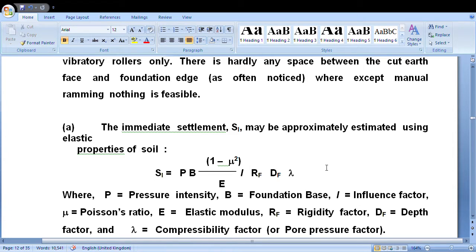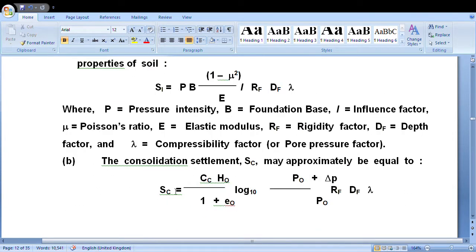Here, there is a rigidity factor and a depth correction factor. The rigidity factor is 0.8 for a bigger size foundation, like a long strip or a big foundation, say 6 meter by 6 meter.